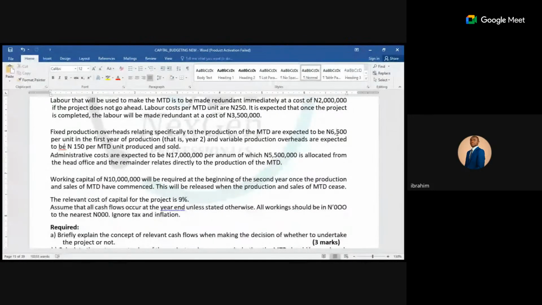Now remember that when we are reading this question, they didn't give us inflation. They didn't tell us that the sales will increase by this. So now this cash flow that we are calculating, all our cash flow will be what, class? We assume to be what? In money terms. Money terms.